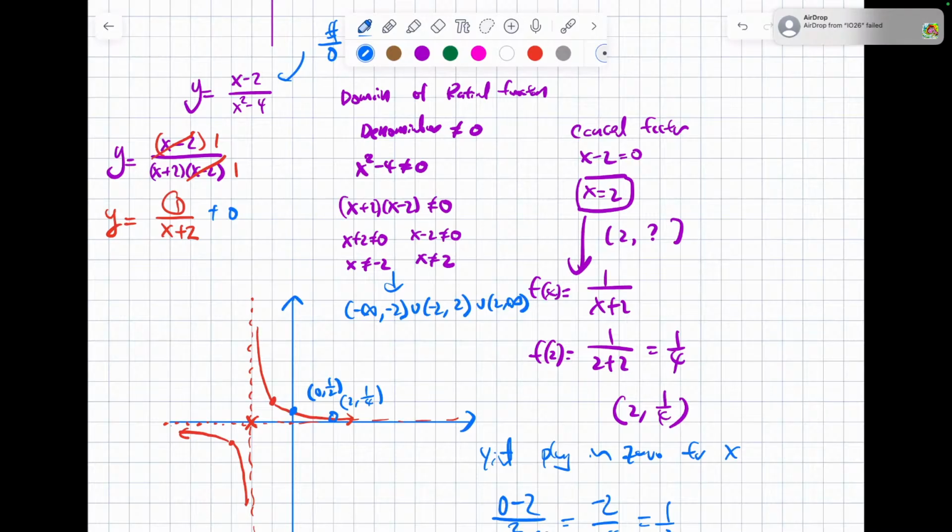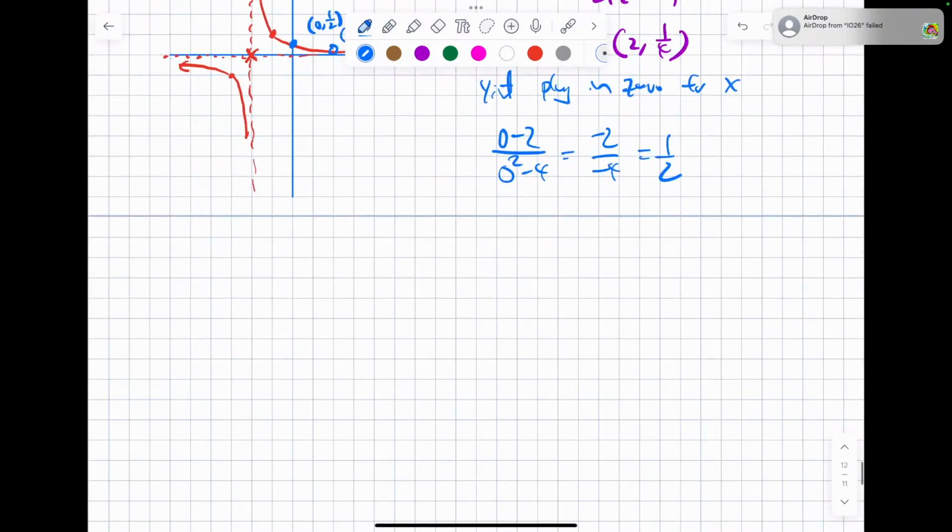I have 18 minutes to talk about horizontal and vertical asymptote. So vertical asymptote is the denominator equal to 0. Oh, sorry, it's not the original equation.